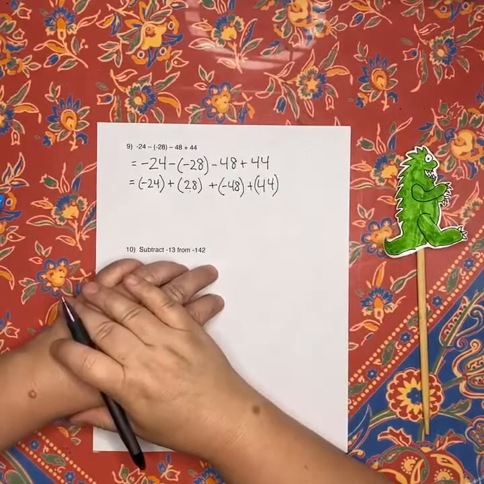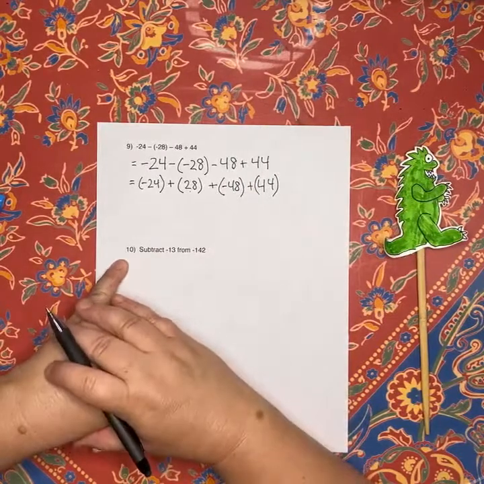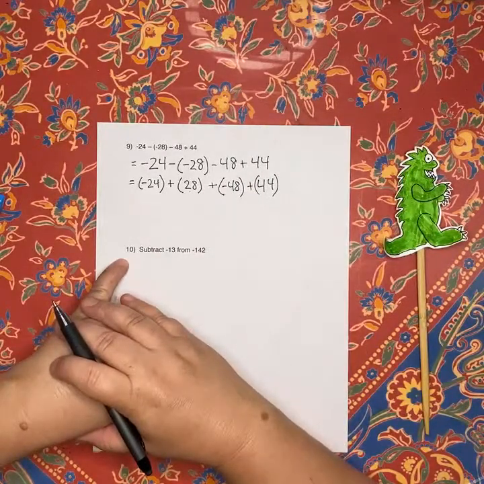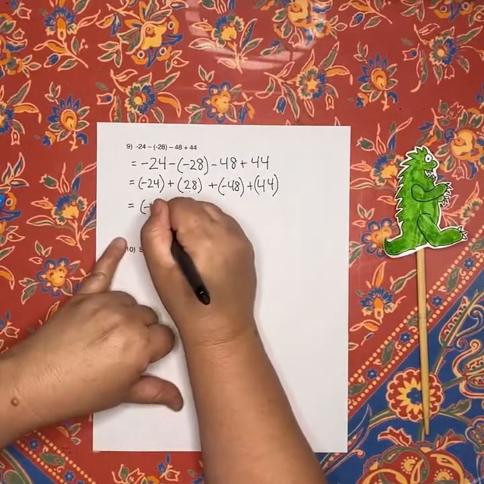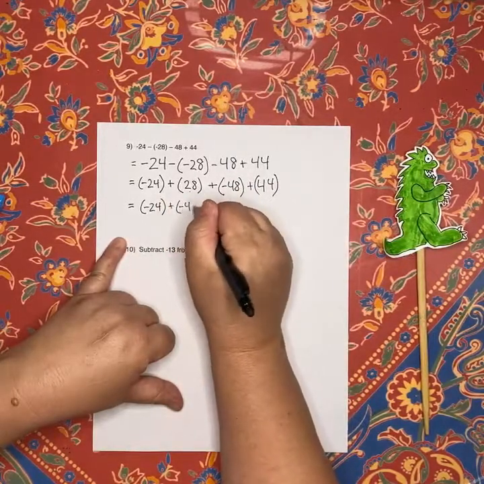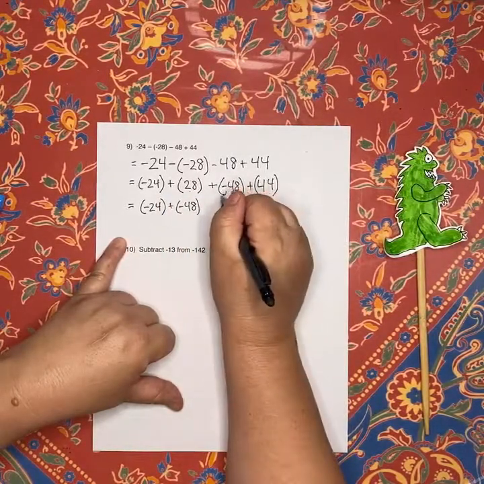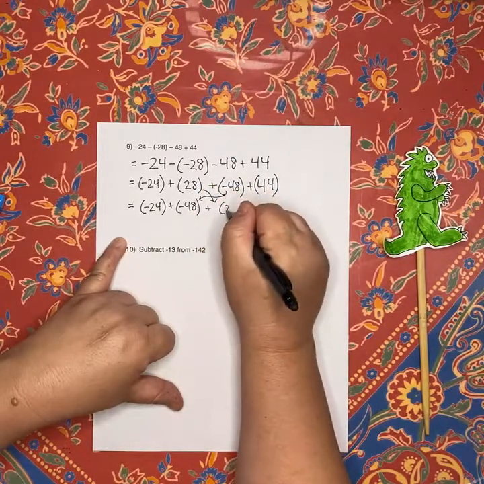Now I'm putting them all in parentheses to show you that I've got a bunch of pluses running around. If I've got a bunch of pluses running around, then I'm allowed to move things around. Specifically, I'm going to put the negative numbers together. I'm going to move this guy over here, and then this guy over here.